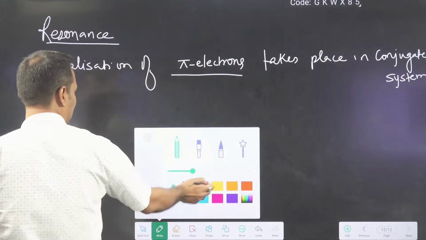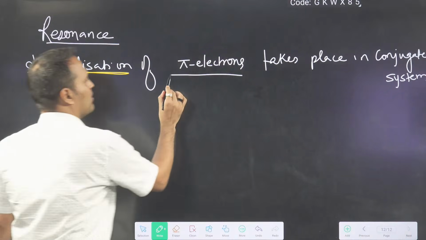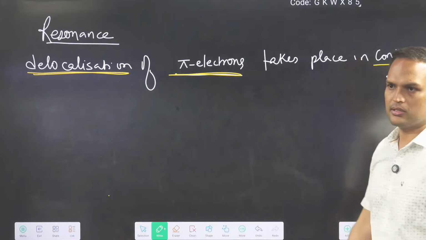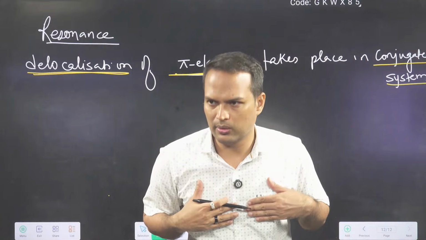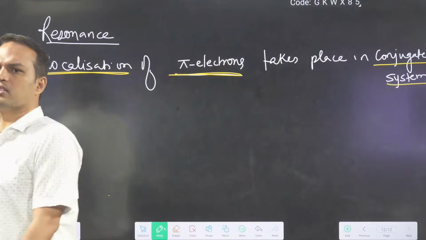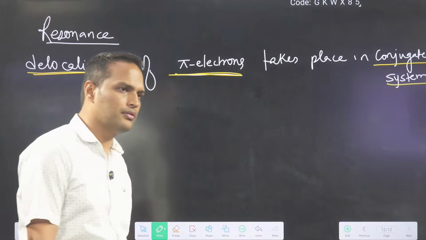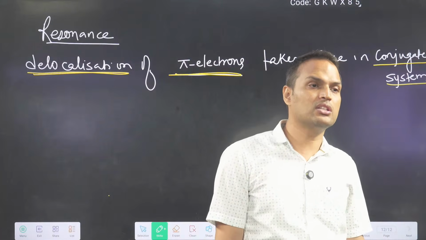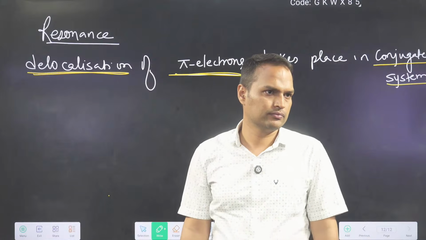This is a light topic for you: delocalization, pi electrons, conjugated system. What do you mean by this? Delocalization means an electron leaves its orbital and goes into some other orbital. That is delocalization. Pi electrons are those which can make a pi bond.